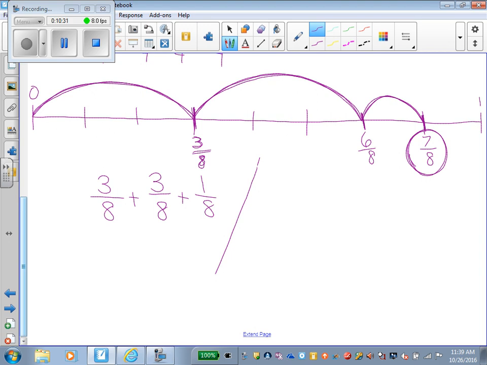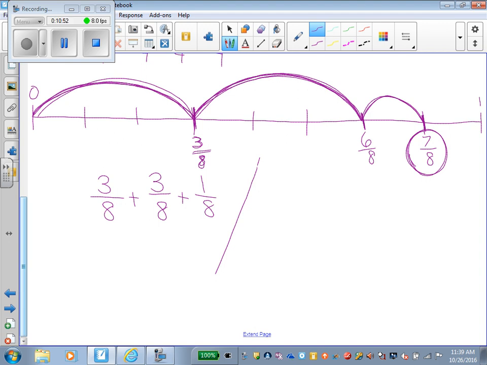How could I use multiplication to show this model? And I'm emphasizing some things that might help you. 1 times 3/8 plus 1/8.